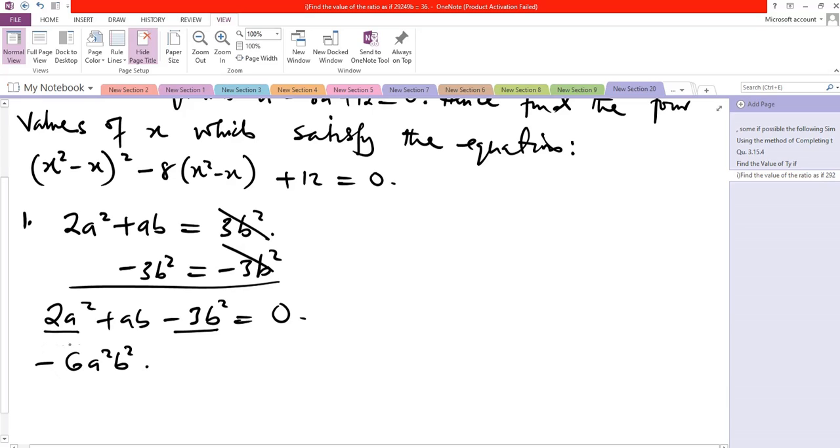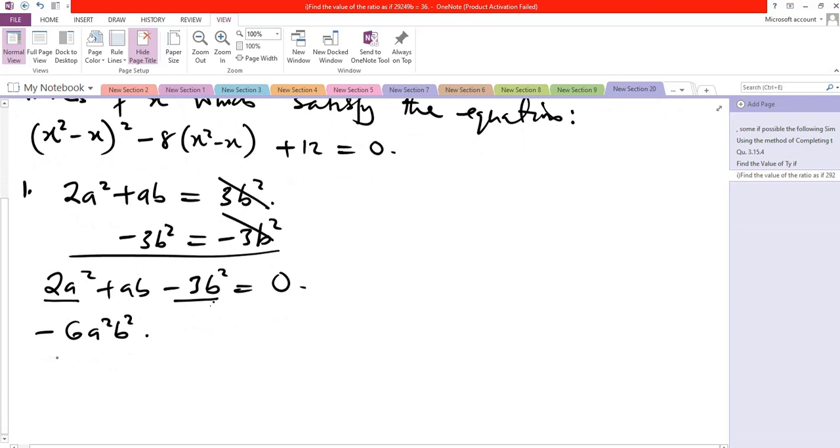Now, I will find the factors of minus 6a square b square that when I sum them up, I will have plus ab. So now let's start with ab and minus 6ab. When you sum this, you give just minus 5ab.